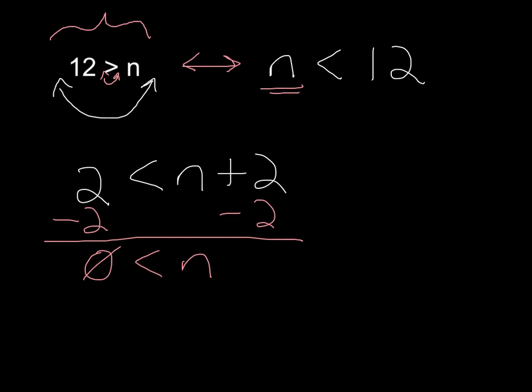See how I wrote that backwards? That was to try to help you realize that when we put n onto the left side and the 0 on the right, we need to flip that sign around again. So 0 is less than n is the same thing as saying n is greater than 0.